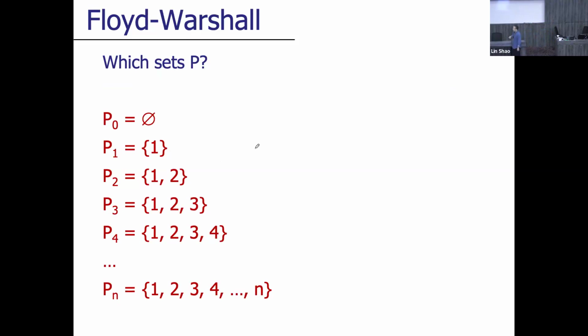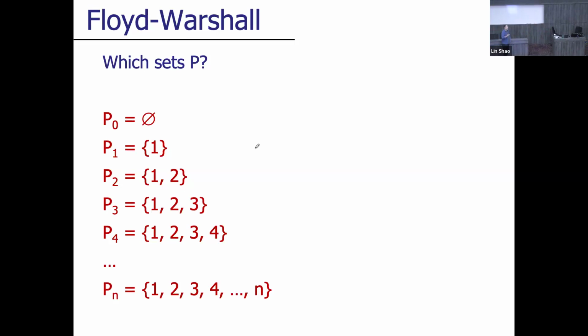P2 contains nodes 1 and 2. For P3, we just extend 1 and 2 with the third node, which is 3. It turns out the sets of P used in this algorithm follow an ordering of the nodes. Each time we have a new set of P, we just add a new node on top of the previous one.